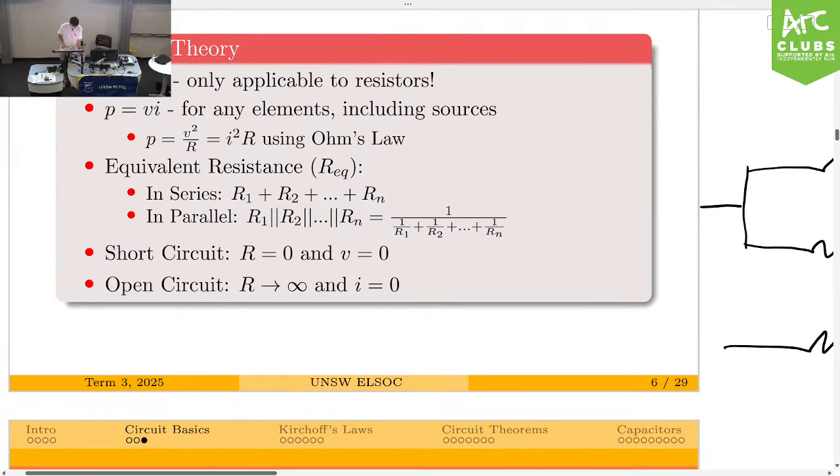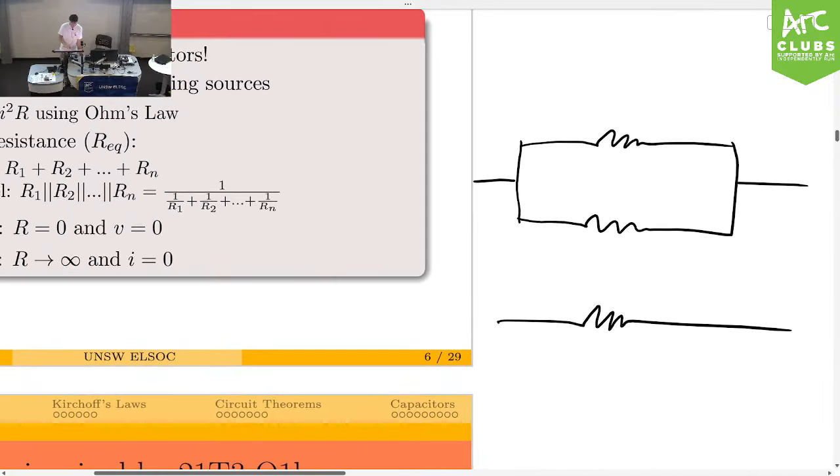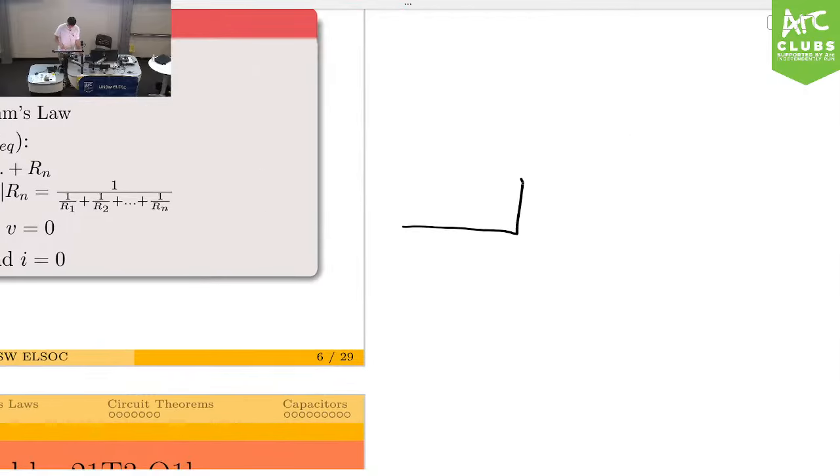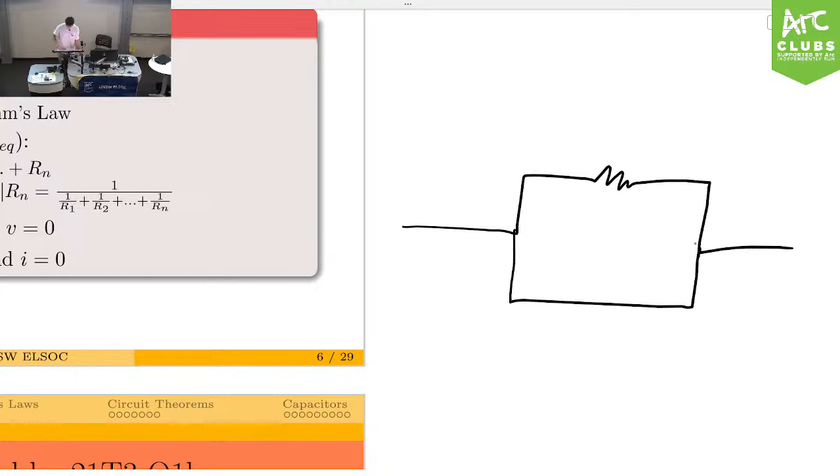Now, a few more points. A short circuit is basically when you have a branch that has 0 resistance. For example, if we have a resistor here, and we also have just another branch with no resistance here, we call this over here a short circuit.